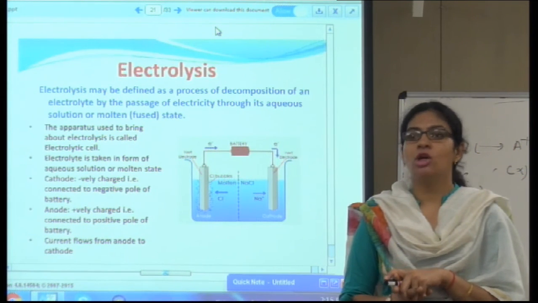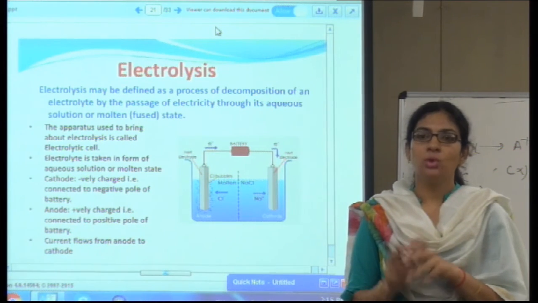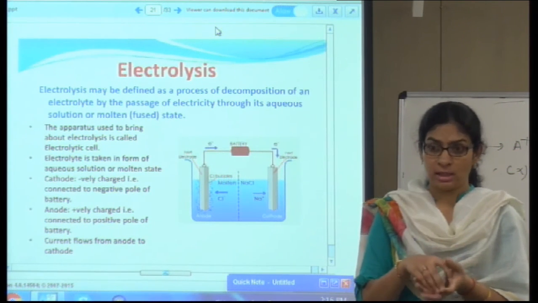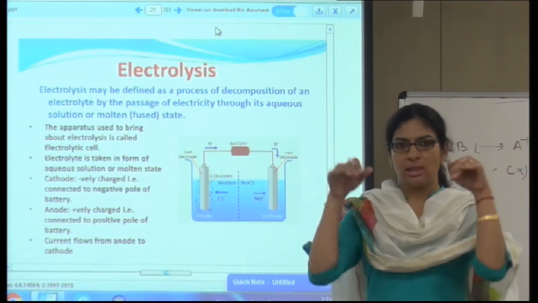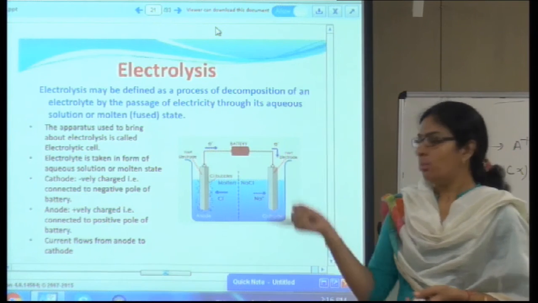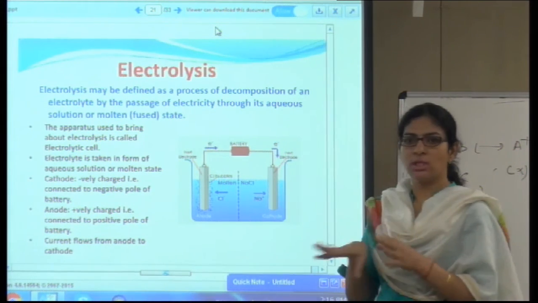A non-spontaneous reaction. So therefore it cannot occur on its own. You need to supply energy, and that energy will come from what? An external battery. So you connect an external battery and allow the electricity to pass through the solution, and then it will dissociate into ions.